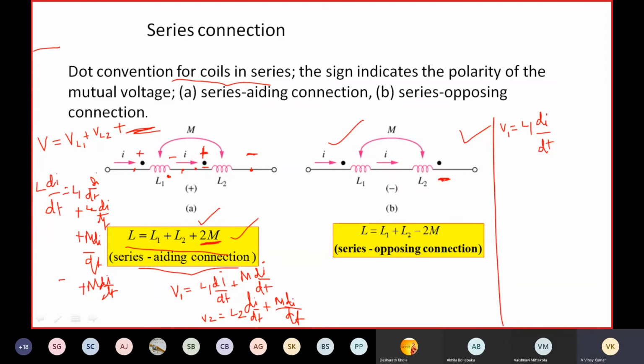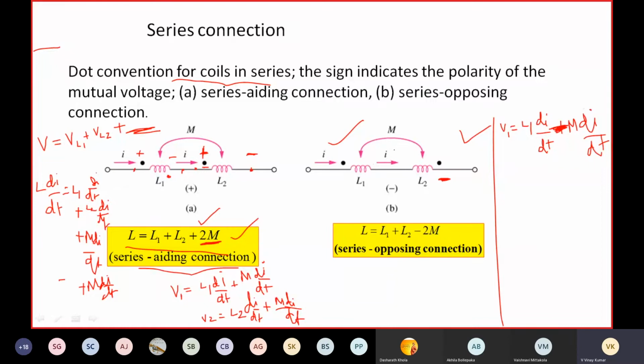Anyhow, the same current will be flowing through coil 2, right? Then plus M, so sorry, it is minus M di by dt. It is minus, because here we are going to find the mutual induced EMF in coil 1, right?